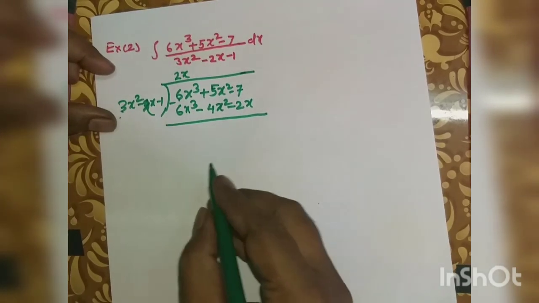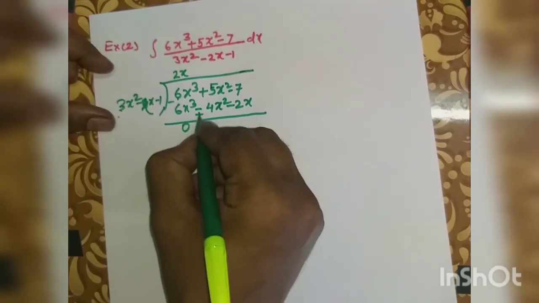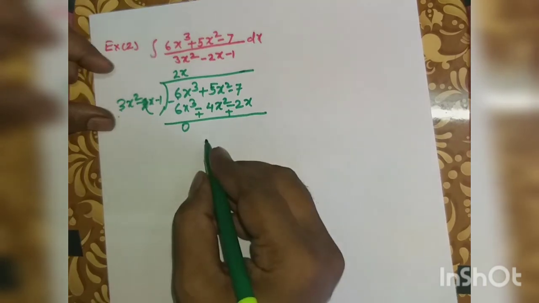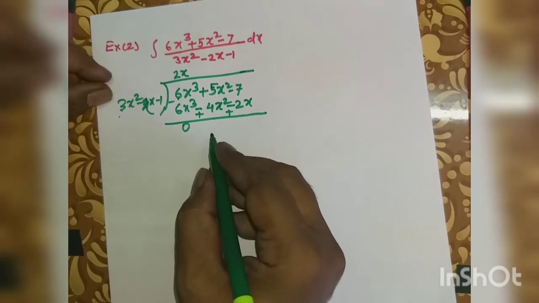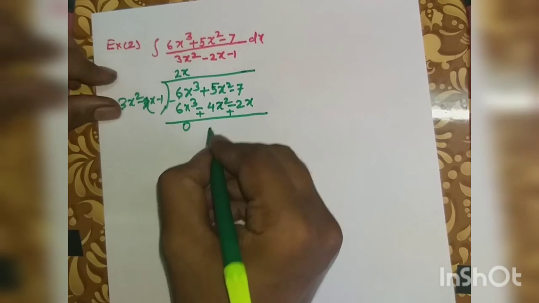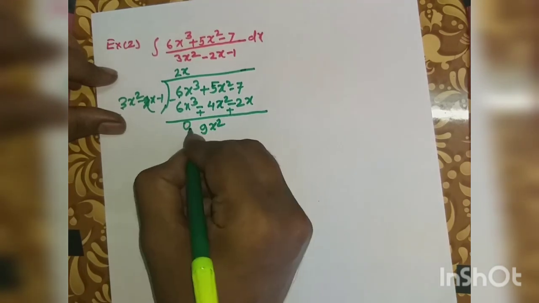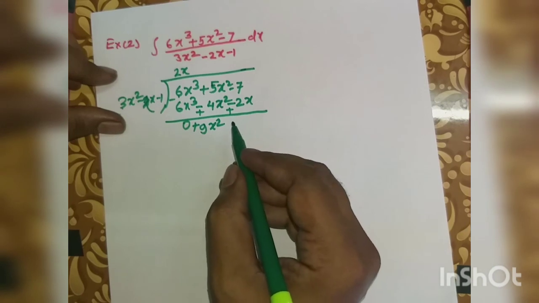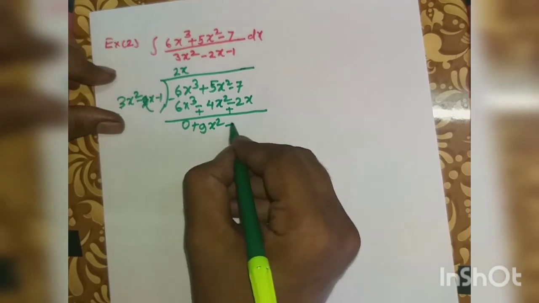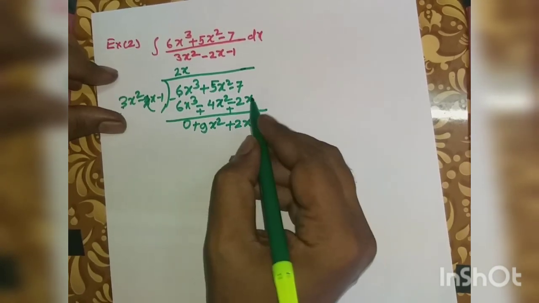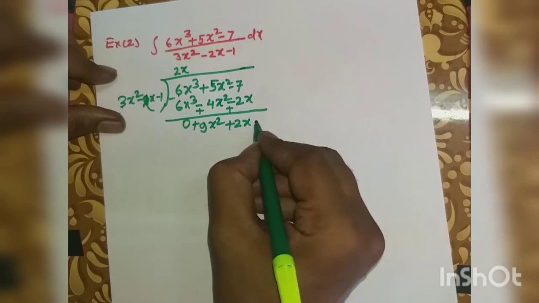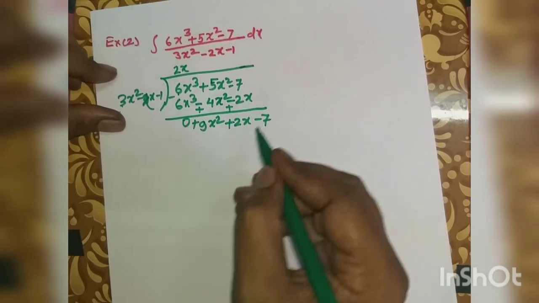Take the subtraction: 0, then 5 plus 4x square is 9x square, plus 2x, minus 7.